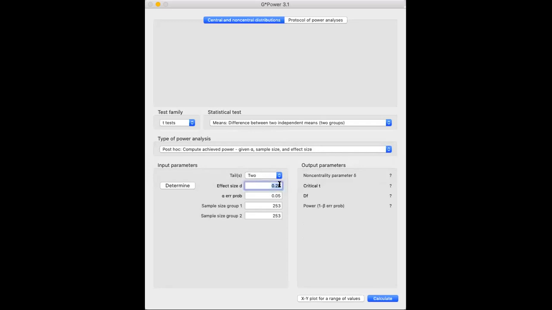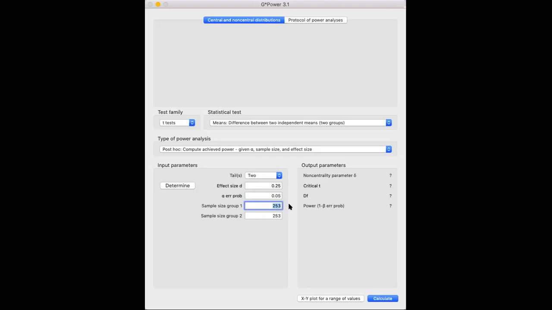And if we say that it has a small effect size of 0.05, alpha of 0.05, which most researchers will use, two-tailed, most researchers will use two-tailed. Even if their hypothesis is a one-tailed hypothesis, most people will still do a two-tailed test. Now, let's say that this study has a small sample.